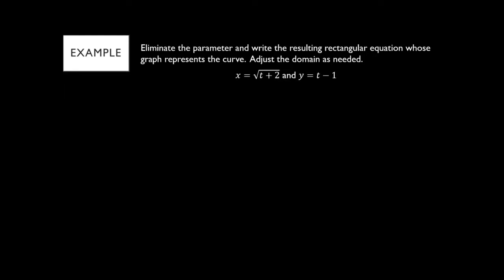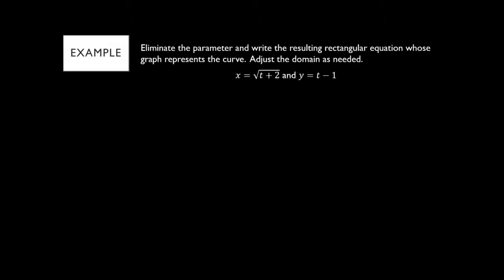Now here's another one. This one's a little trickier. Same directions, we just have different equations here. We have x equals the square root of t plus 2, and y equals t minus 1. So you can decide which equation you want to solve for t, whether you use the one with y or the one with x.